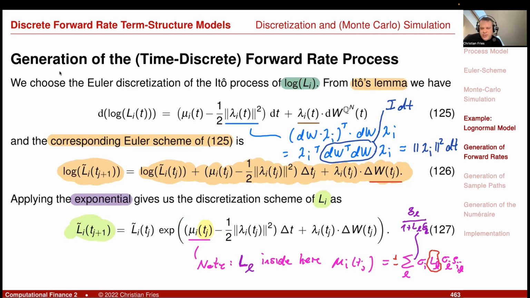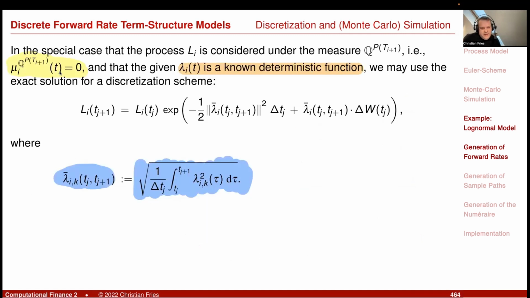Then if I would like to improve the time discretization error coming from the lambda, in the case where lambda is not already a constant, I can calculate the effective accumulated variance, which is my lambda I bar squared, and use that instead in my discretization scheme.